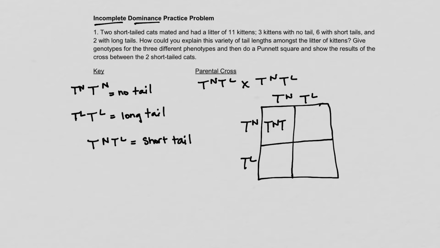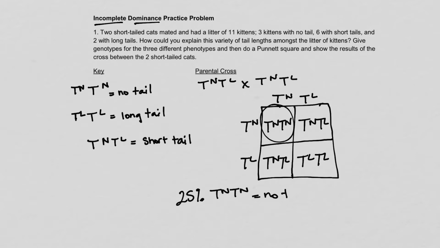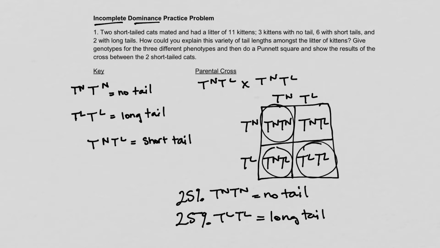That's an ugly N. Okay, so we are going to have 25% no tail, 25% long tail, and 50% short tail.